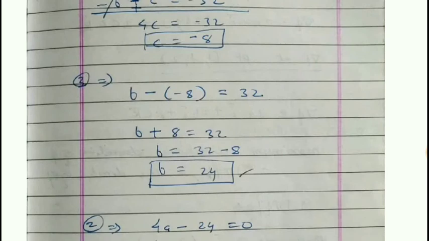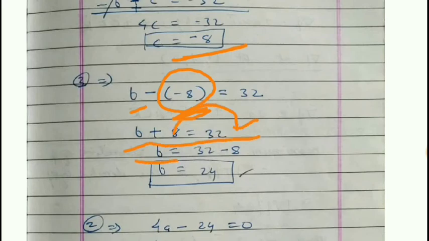Equation number 3 is b minus c equals 32. So put c equals minus 8: b minus minus 8 is b plus 8 equals 32. Shift 8 here, so b equals 32 minus 8, so b equals 24.